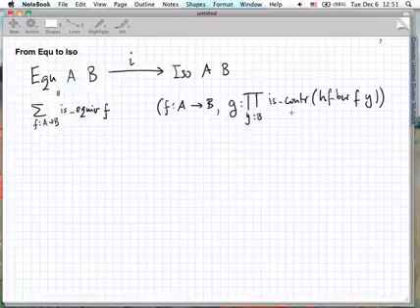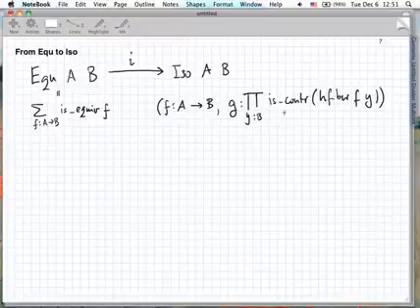Now we have to unwrap is contractible. Okay, do we still know by heart what it meant? Well, is contractible meant sigma c in this space, in the h-fiber, such that something happens.